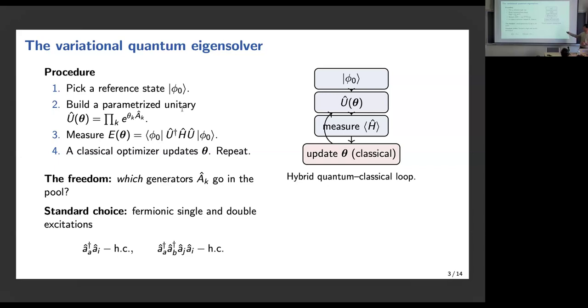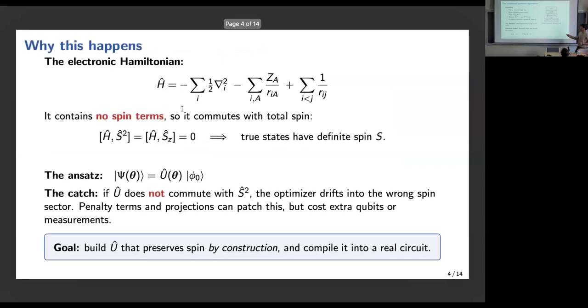Now that you have a basic understanding of what the variational approach looks like, we can think about the problems in the current approach. The Hamiltonian that you employ here is a normal electronic Hamiltonian, and it has no spin terms, so it commutes with the total spin. So the Hamiltonian is not the problem.